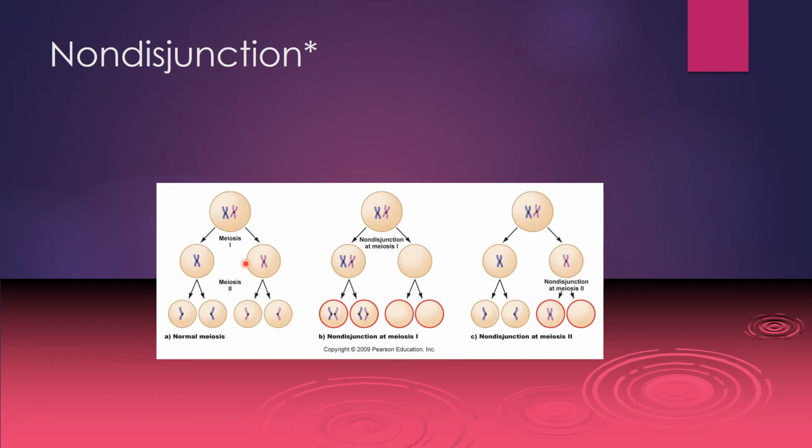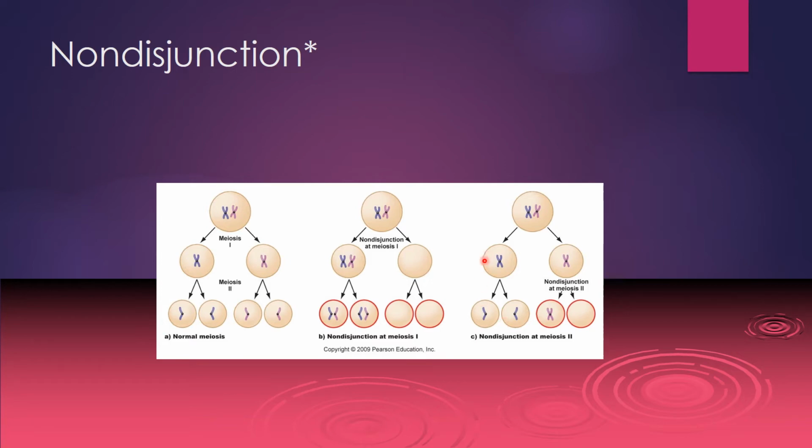So there will be other chromosomes in this cell, but it will be lacking this particular chromosome. And then during the second phase of meiosis, the cell does what it's supposed to do, and it separates the sister chromatids. But you end up now with 2 copies of that chromosome in each of your gametes, while the other set has none. When non-disjunction happens during meiosis 2, it gets through meiosis 1 just fine.